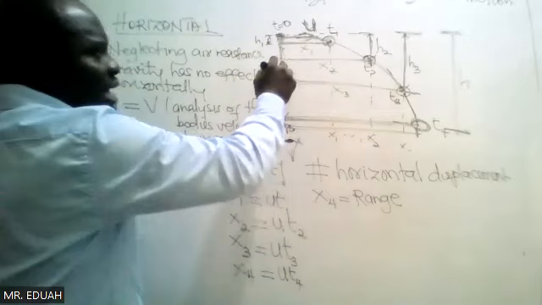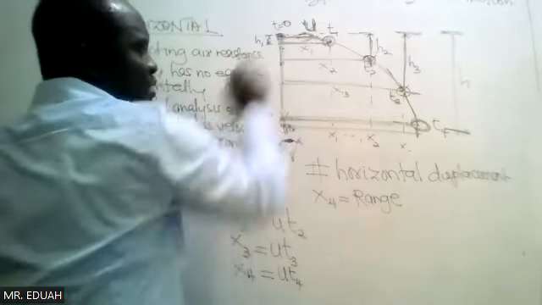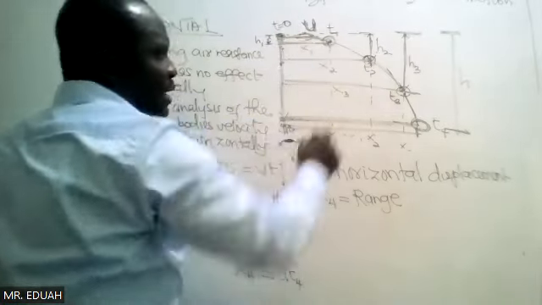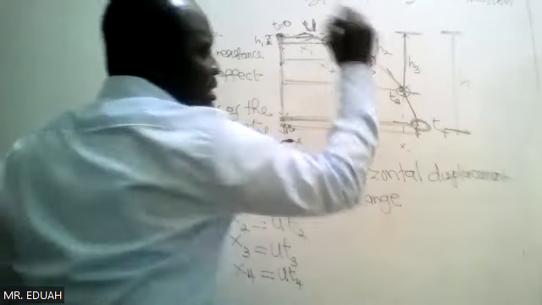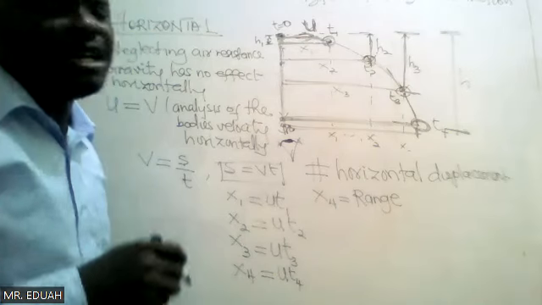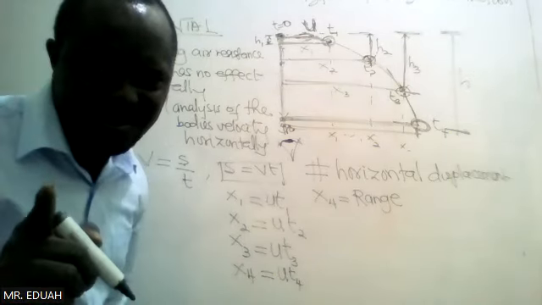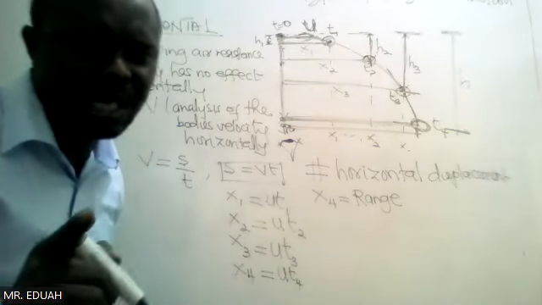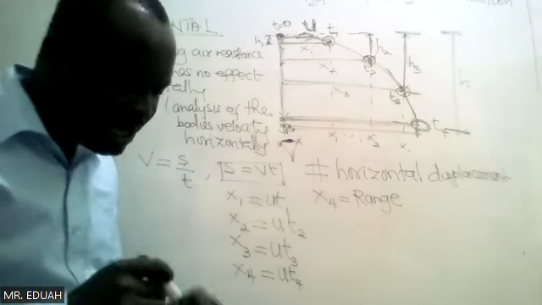Now, we look at different times: at t is equal to 0, t is equal to 1, t is equal to 2, t is equal to 3. We realize from our analysis that the total time is what? What is the total time here?